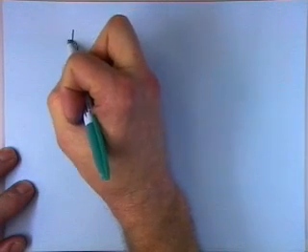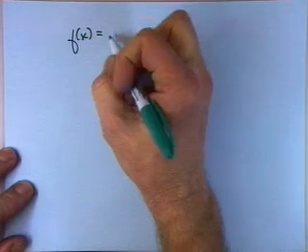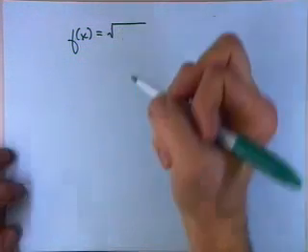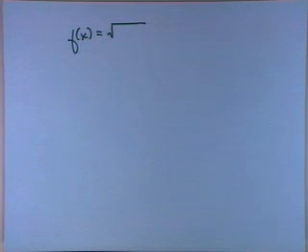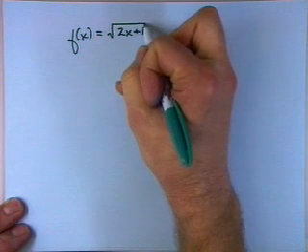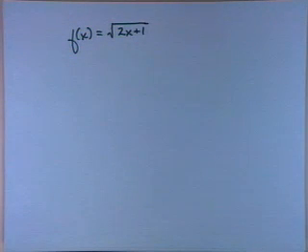Let's say that our function is the square root of, I'll just make this one up. Let me see the one that's in the book. In the book they have the square root of x, so let's just go 2 square root of x plus 1. There's our function.